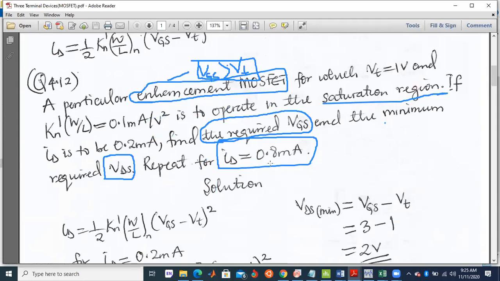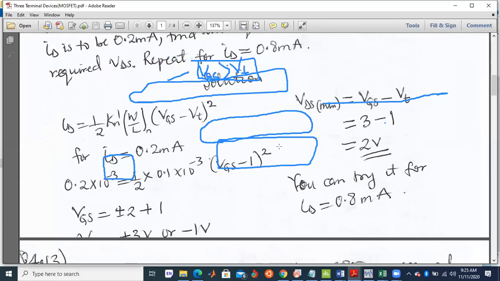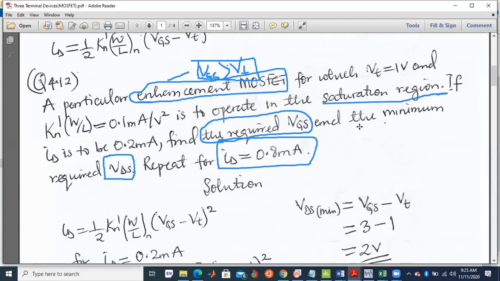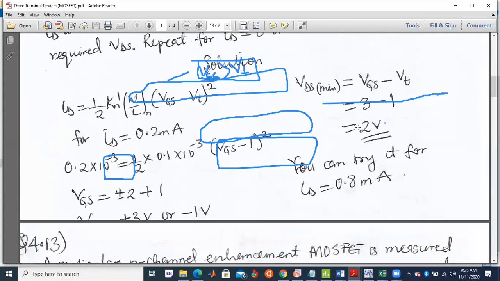Yes, the positive is the right answer because this is in the saturation region, and we know that for the saturation region the condition is that VGS must be greater than VT. If you choose this one, it is less than VT, which is 1 volt. Please, it is very, very important. Just take care of that.